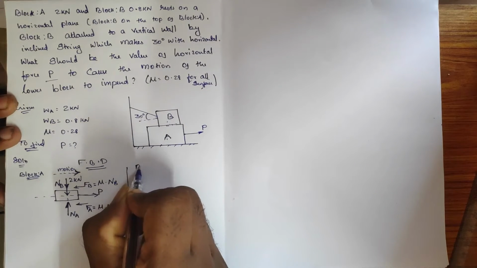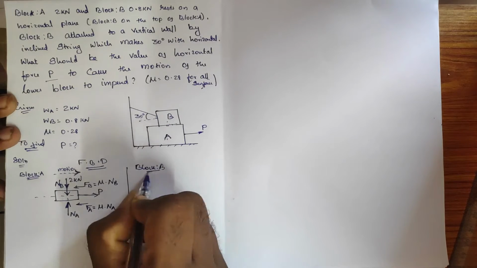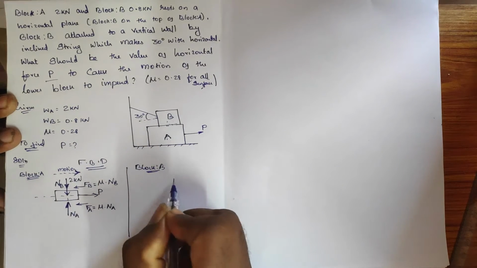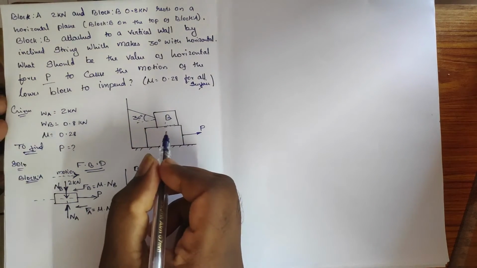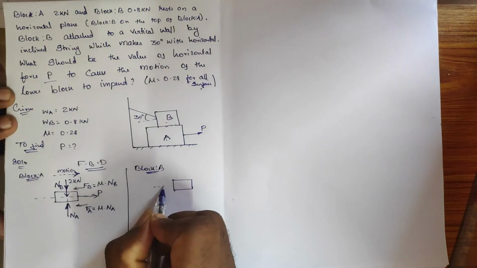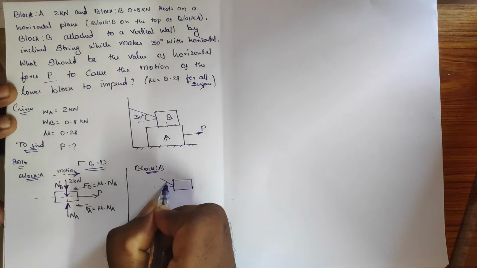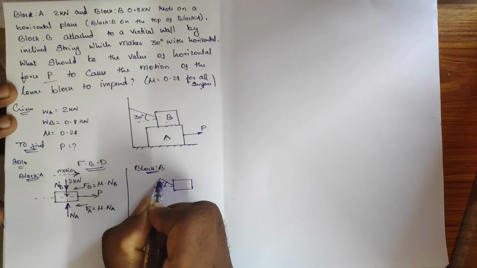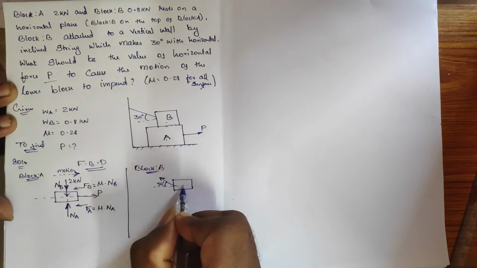Then if you take block B on top, the block is something like this, and the string is attached, inclined at 30 degrees. The tension force always moves outwards from the center, so I have considered it outwards.